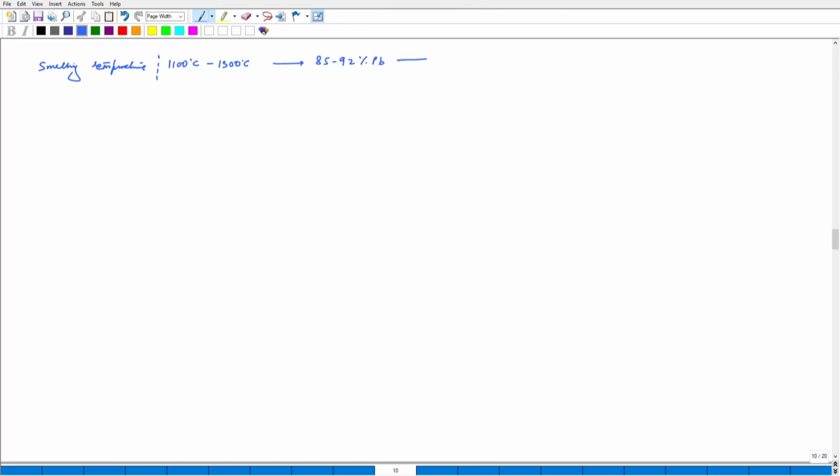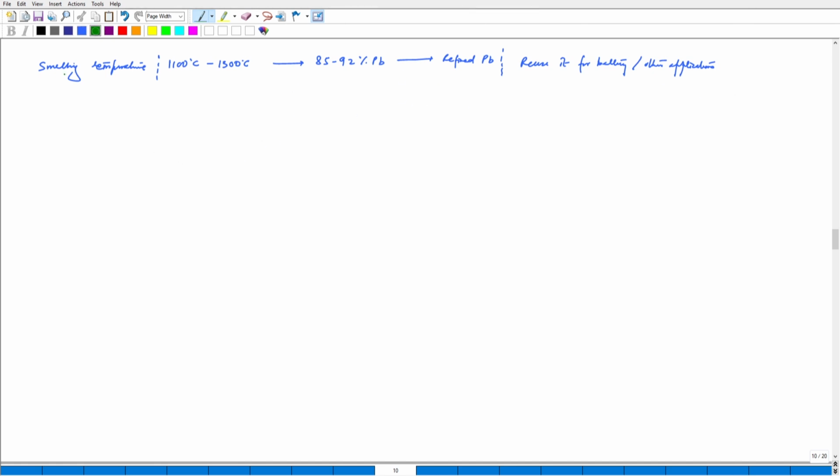So when we refine it, we get refined lead. When we get refined lead, we are actually able to reuse it for battery applications or other applications. This means we are directly just reusing it.